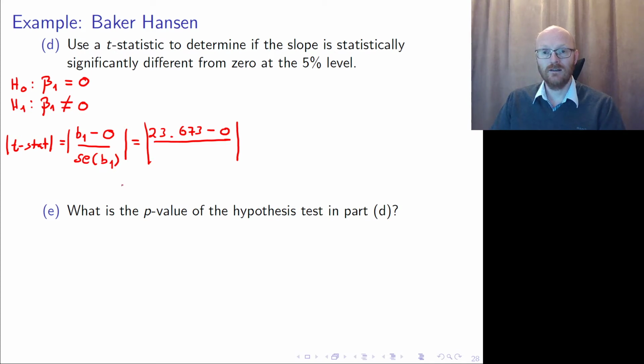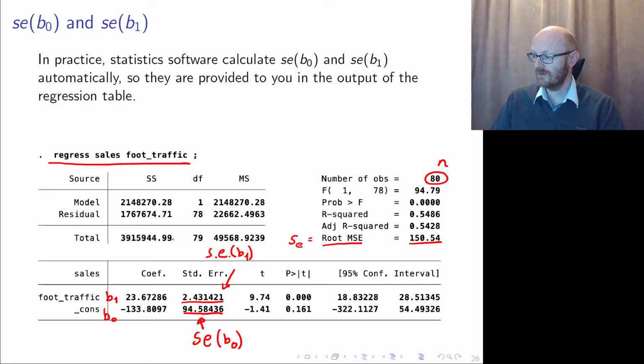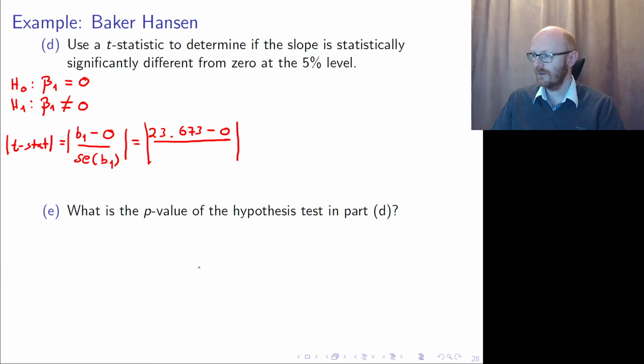And luckily, the statistics program does that for us. It's 2.431. So it's 2.431. That would be the standard error of B1. And this would be 9.74.